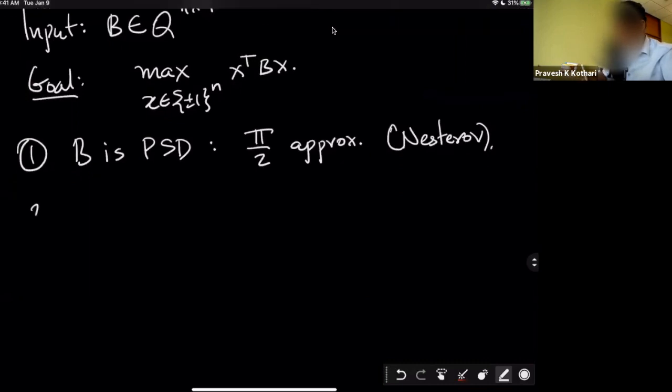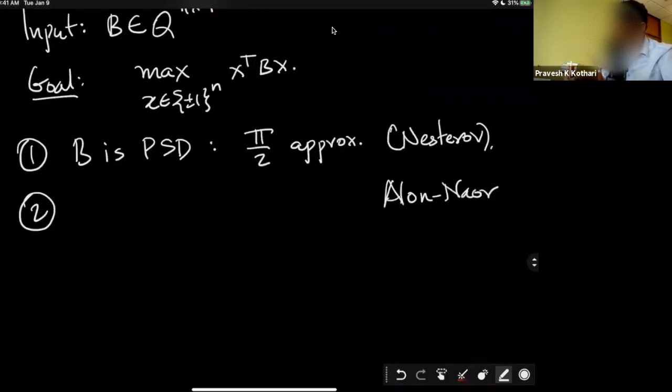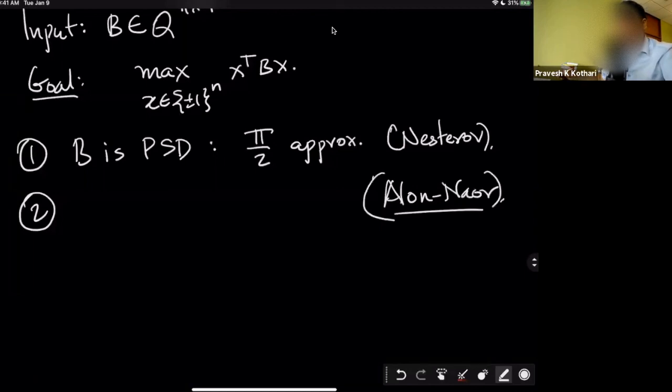And then there was this line of work which was begun by Noga Alon and Assaf Naor. They realized that there is a nice behavior of this optimization problem, which you can characterize in terms of the support of the matrix B. So the support of the matrix B is basically the pairs i, j where the entries are non-zero. We always think of symmetric matrices, so if ij is non-zero, then so is ji.